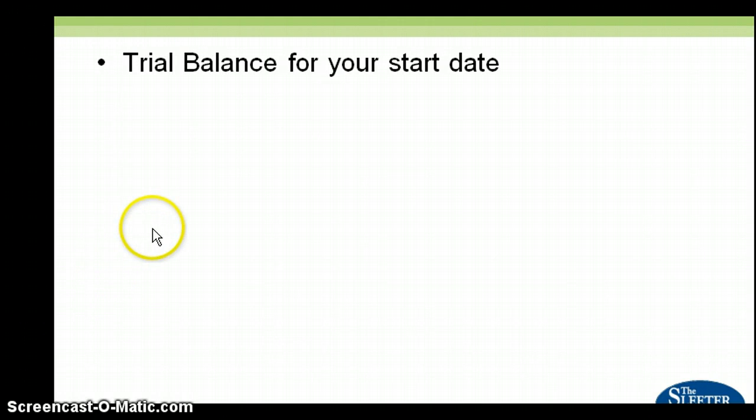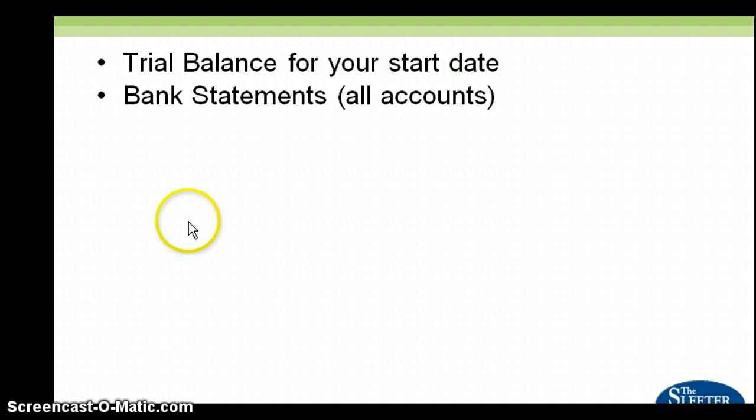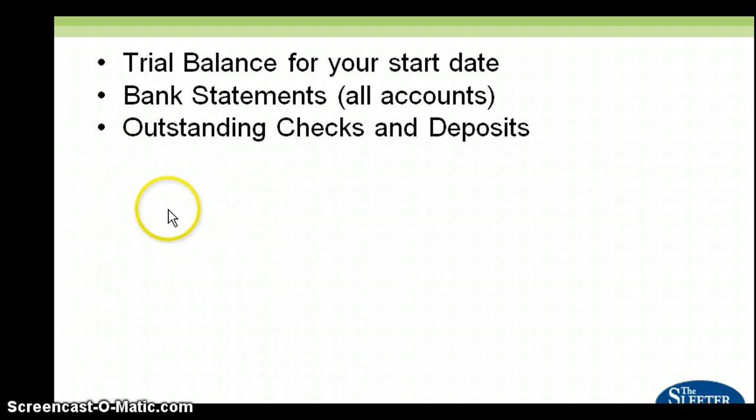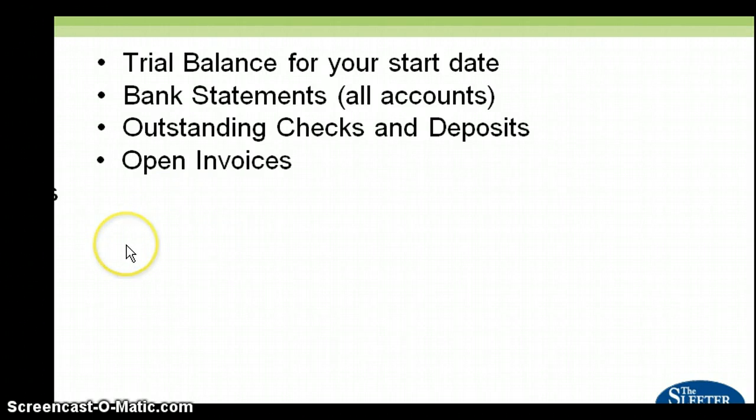So basically, as starting information, you'll need to have your trial balance. From your trial balance, it will guide what information you put into your accounts, whether it be bank accounts, other transactions, other outstanding invoices, and so forth.